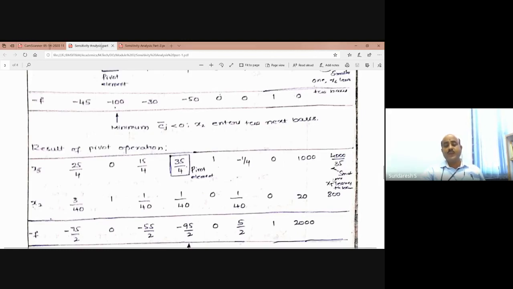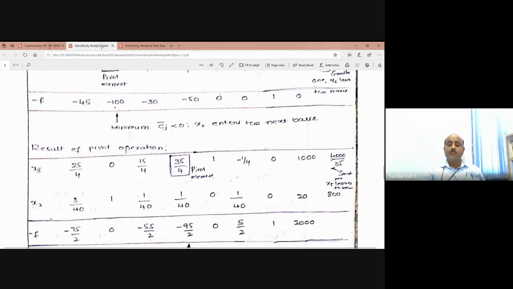Once you fill it in, you can identify which variable leaves the basis based upon the smaller value here. The first element is 4000 by 35 and the second element is 800.